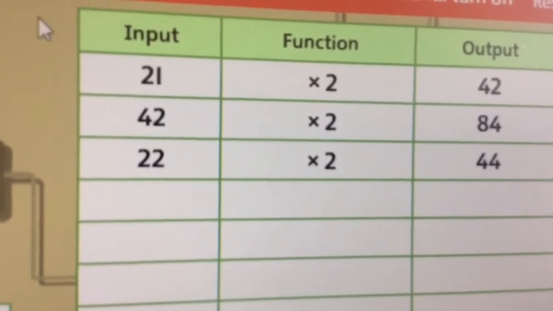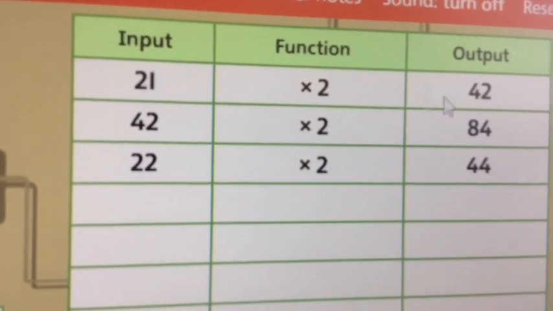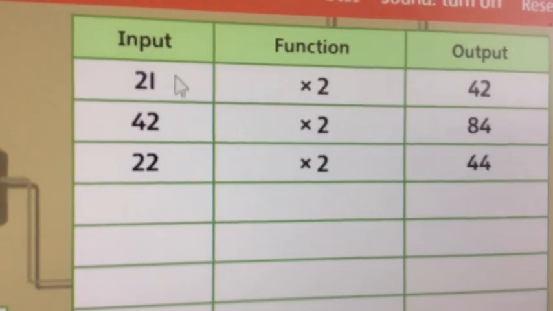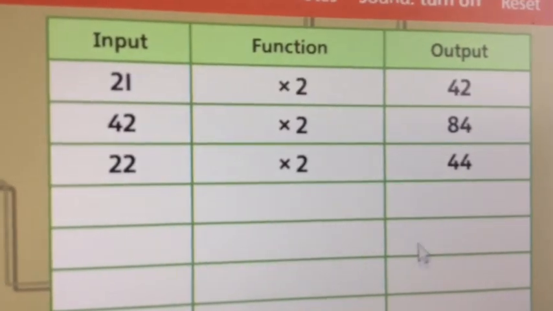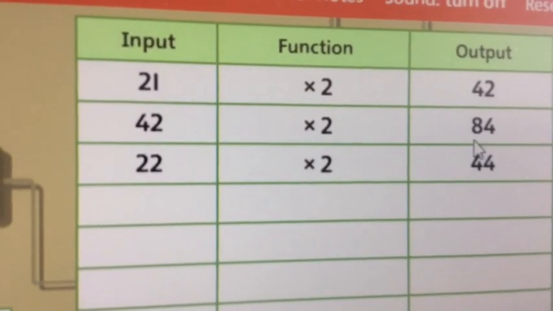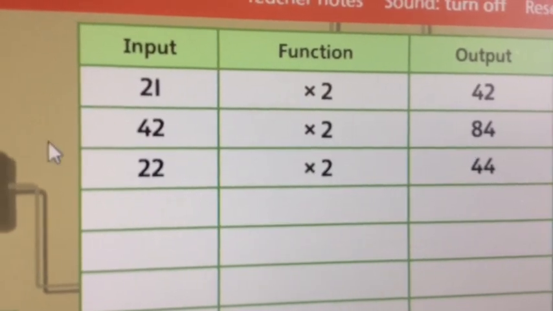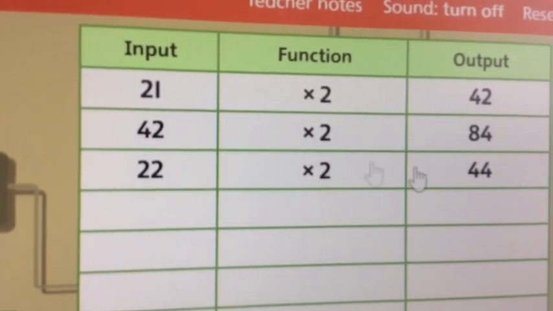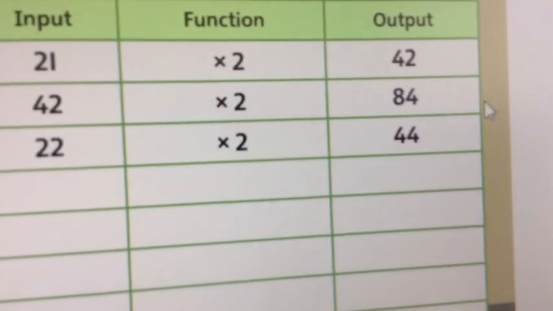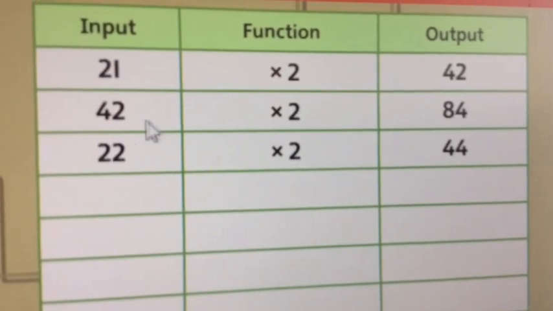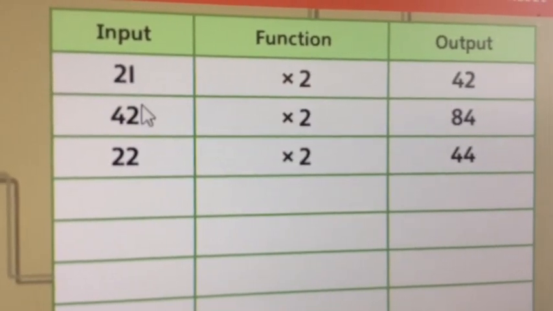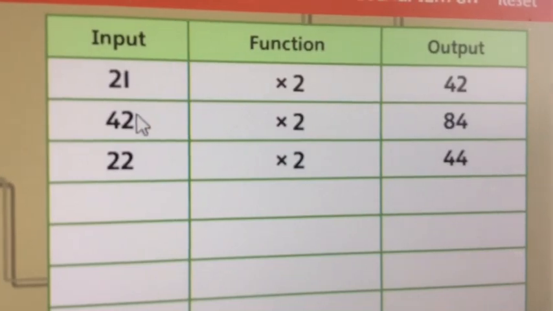Half of 40 gives you the 20. Half of 2 is 1. I know half of 8 is 4, so half of 80 is 40. Half of 4 is 2. So I can recombine, and I know that half of 84 is 42.